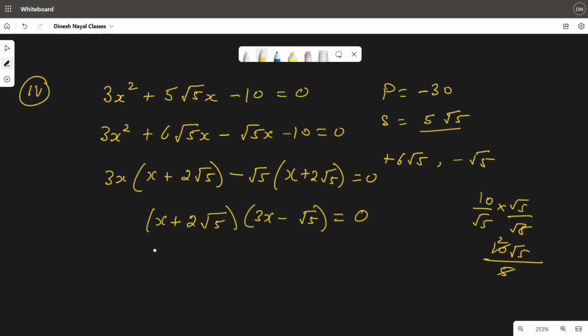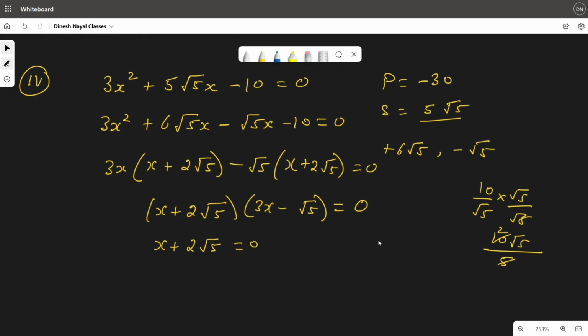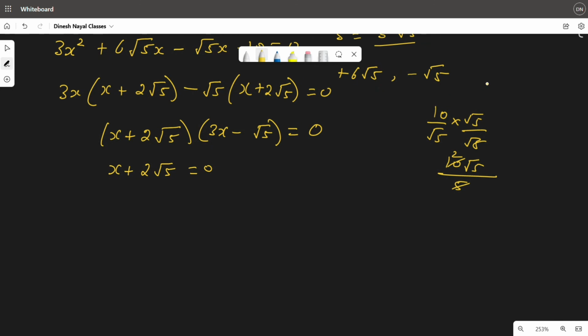So now we have to find the solution. So x plus 2 root 5 equals 0. This implies x equals minus 2 root 5. And also 3x minus root 5 equals 0. The second root is 3x minus root 5 equals 0.